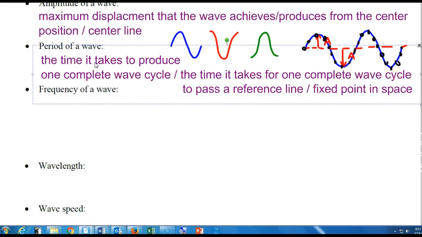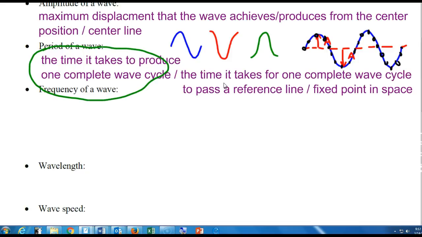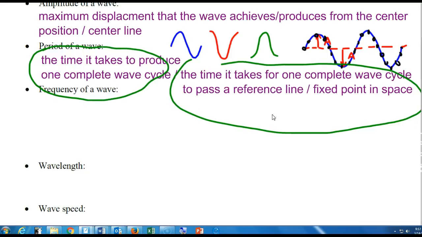That is the definition of period. So you can choose either definition on a test. This would be acceptable, and this would also be acceptable. You could use reference line, you could use fixed point in space. You can choose one of these and write the definition that makes sense to you.